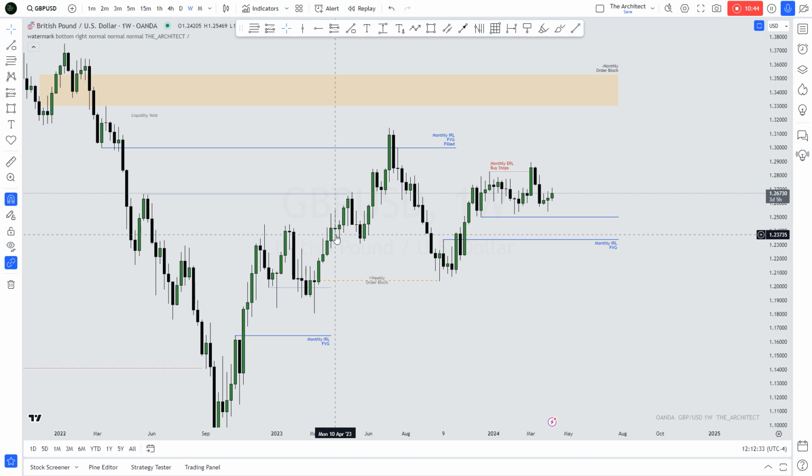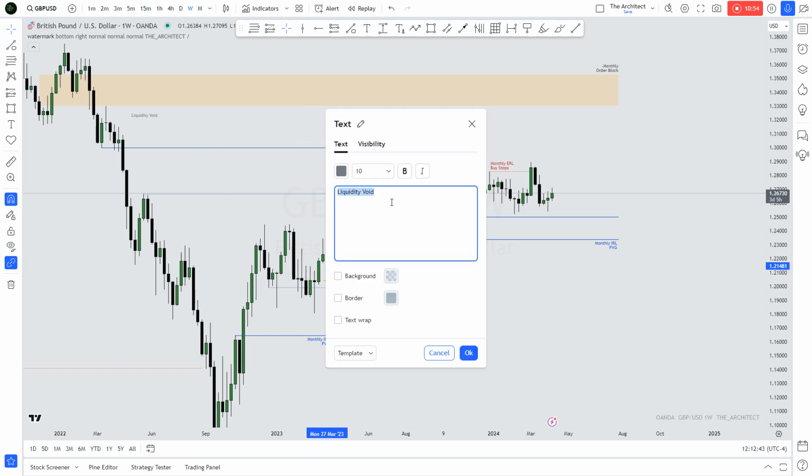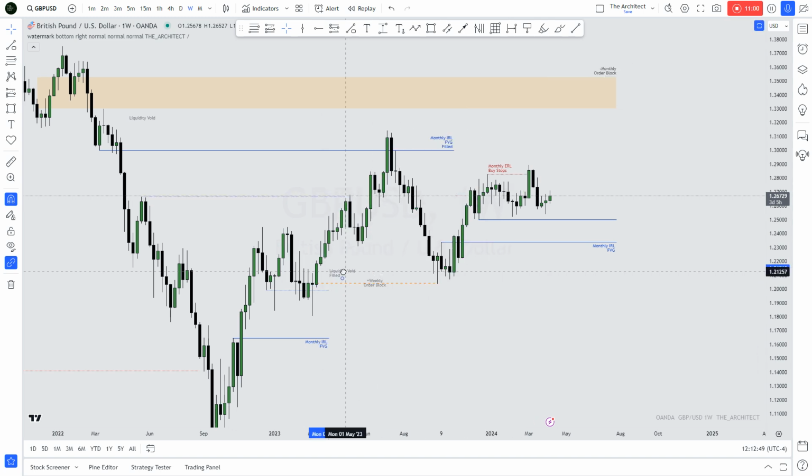There's only green candles over there, which is signaling what? The same thing we were investigating on the monthly time frame, which is our liquidity void. But at this point, we see that price actively filled the void, right? Making this order block very significant because of that liquidity void over there, right? I hope that makes sense.